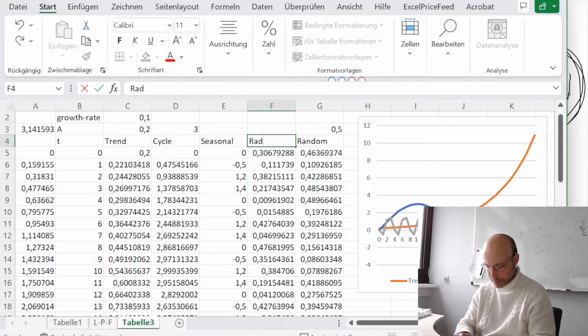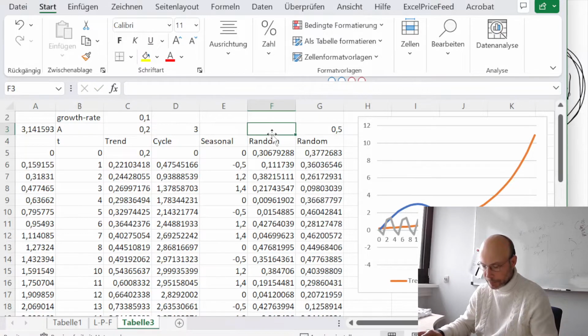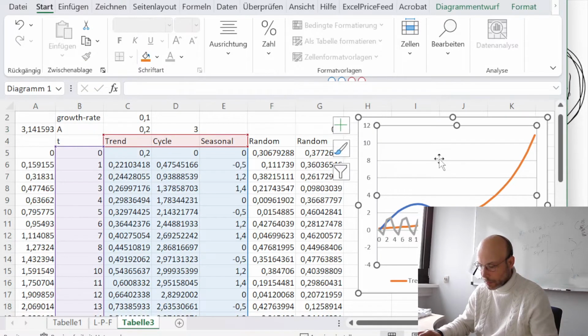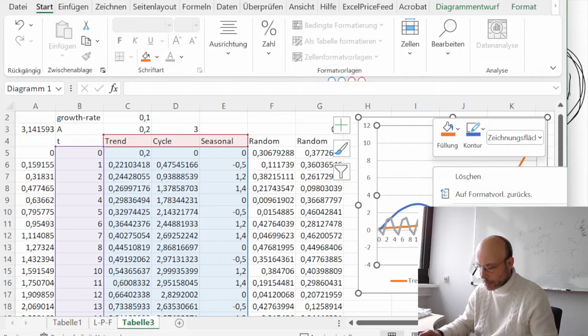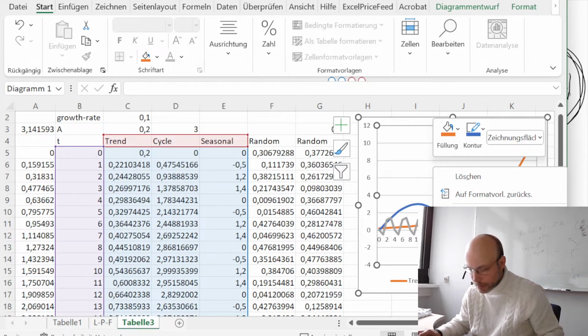This will be our fixed random numbers, and we will put all these time series into our diagram.